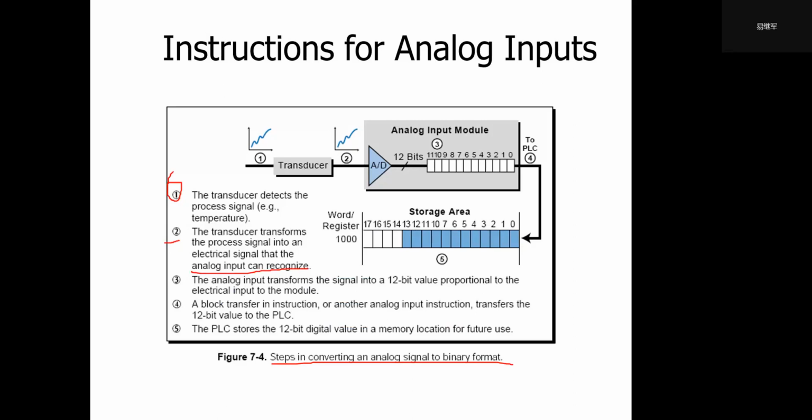Third, the analog input transforms the signal into a 12 bits value proportional to the electrical input to the module.